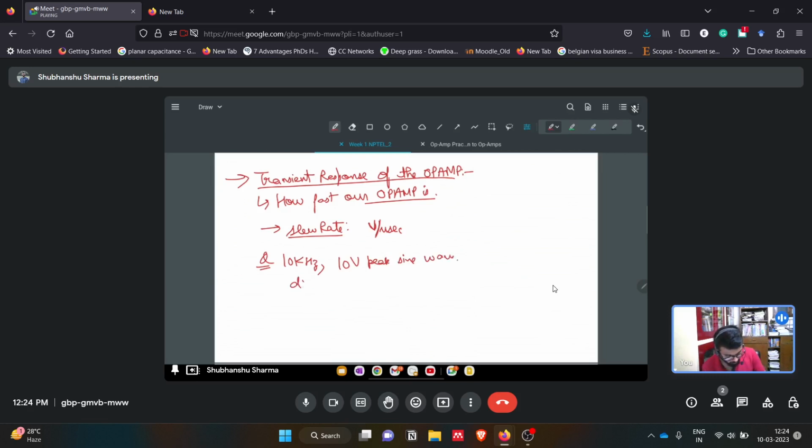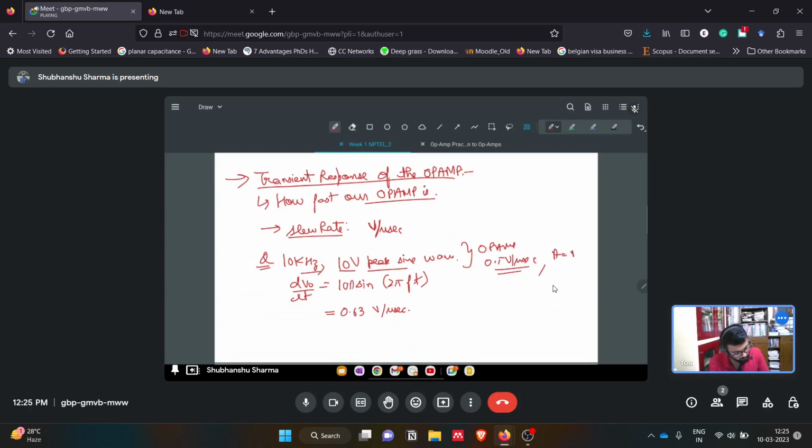The rate of change of the output of the op amp will be 10 sine 2 pi ft, which equals 0.63 volt per microsecond. Assume this op amp has a slew rate of 0.5 volt per microsecond, and the gain of this op amp is 1.